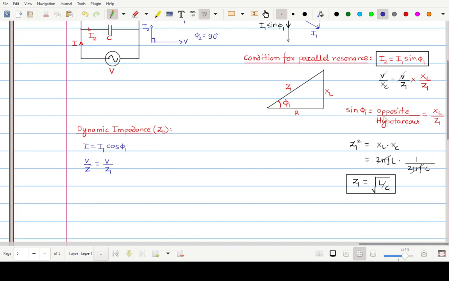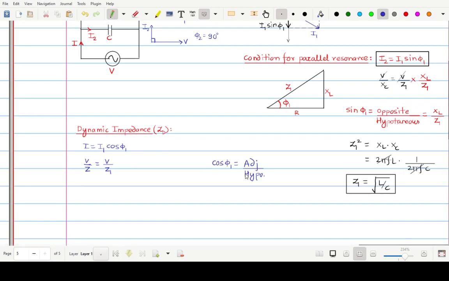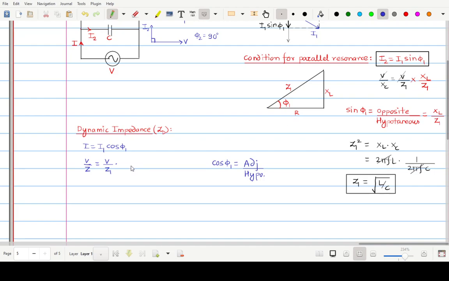Sin phi 1 is opposite upon hypotenuse; similarly, cos phi 1 is adjacent side upon hypotenuse. Looking at this diagram, the adjacent side is the resistance R, and the hypotenuse is Z1. So cos phi 1 is nothing but R by Z1.